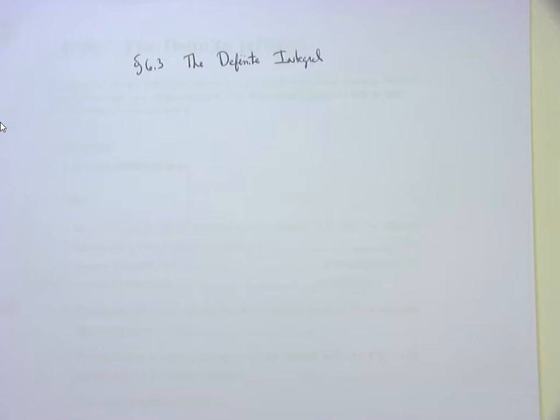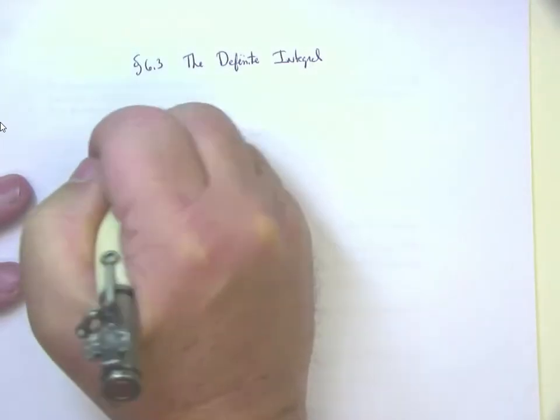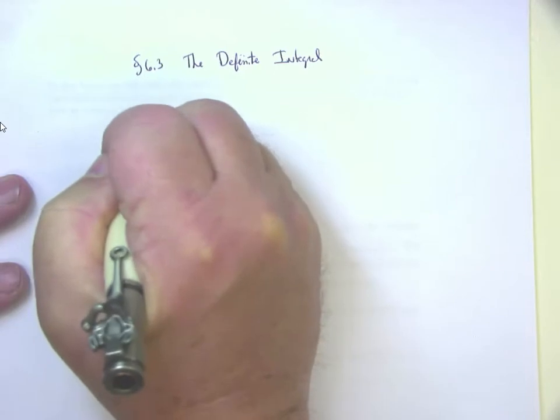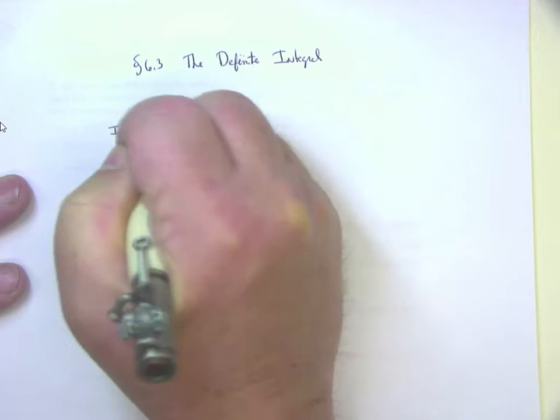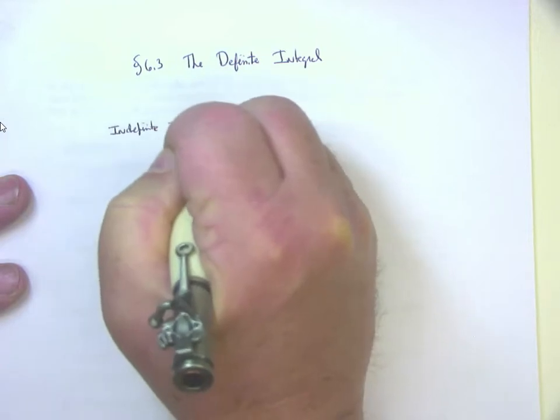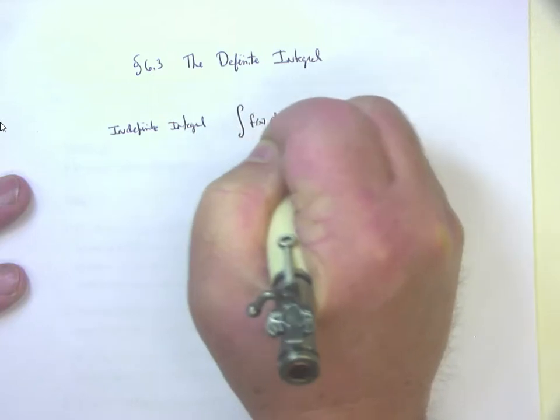Now we're going to look at the other guy. So I wanted to compare and contrast what's going on. With an indefinite integral, our indefinite integral was this guy here. The integral of little f of x dx.